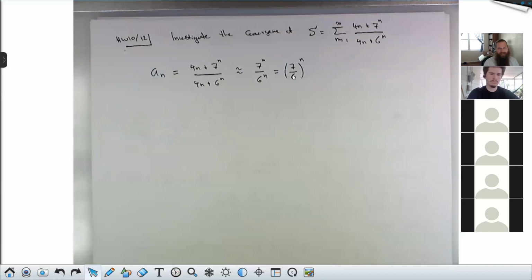How bad is the divergence? Is it like 1 over n? Or is it worse? If you plug bigger and bigger numbers in for n, does 7/6 to the n go to 0?